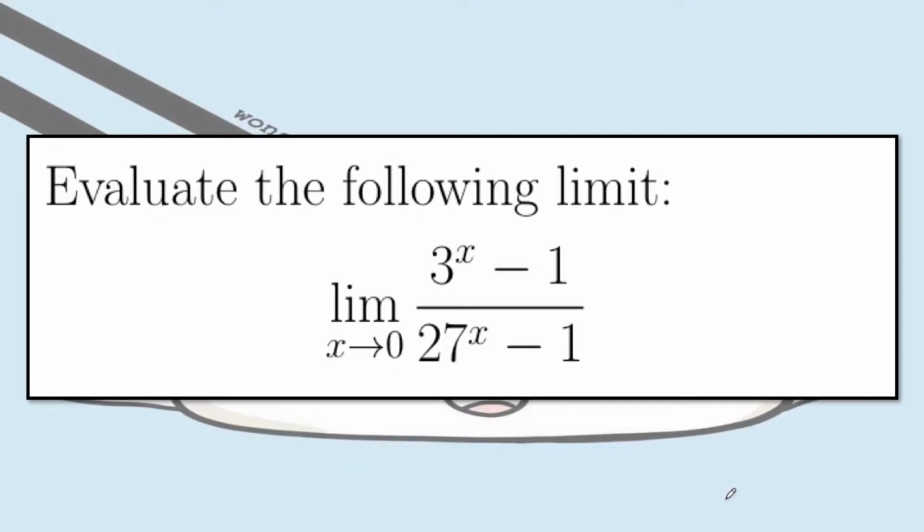L'Hopital's Rule tells you that you can get the limit of a given expression as the variable approaches a certain value via differentiation. Before we can use L'Hopital's Rule, we must first check that the form is indeterminate.